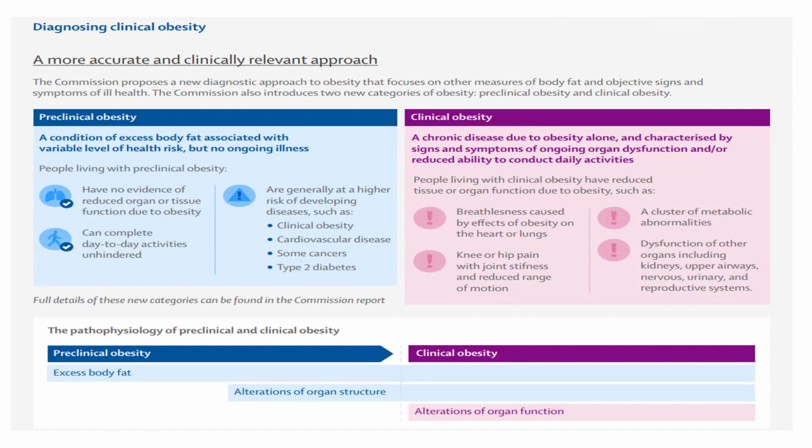They may also have dysfunction of other organs, including kidneys, upper airways, nervous system, urinary and reproductive systems. So when there is alteration of organ function, this is defined as clinical obesity. When there is excess body fat, but not yet any alteration of the organ structure, this is defined as preclinical obesity. So very simple, the new definition which we should apply now in our clinical practice: preclinical obesity and clinical obesity.